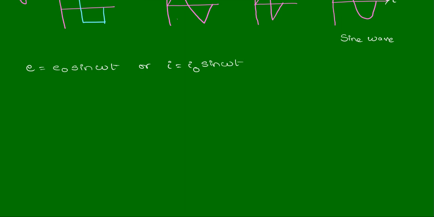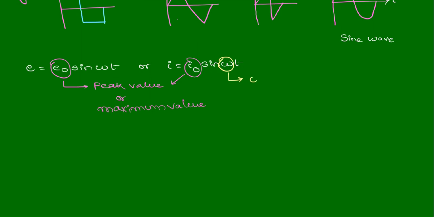Here E naught or I naught we'll call the peak value or maximum value, and omega is angular frequency.